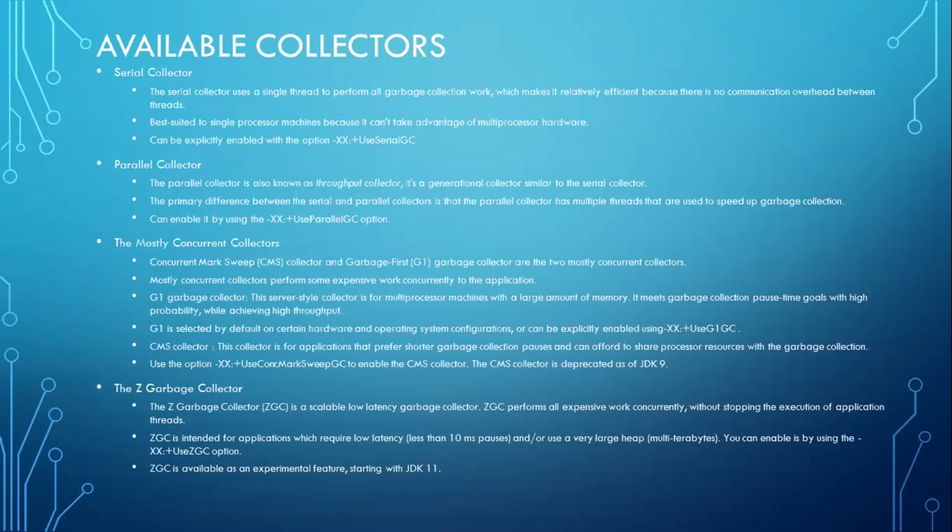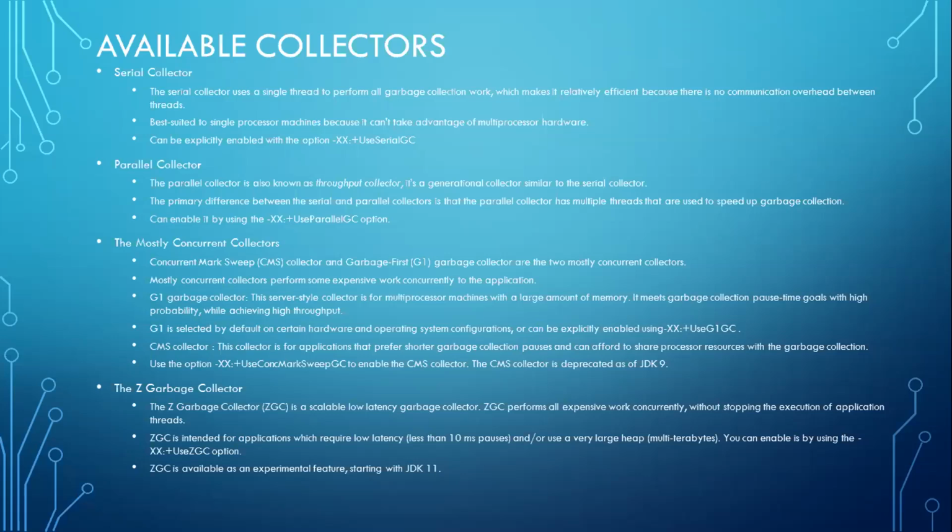So you have probably heard of serial GC. Serial GC is a single-threaded GC, as the name suggests, and it is definitely slower, right? Serial GC is still available just to support your single-threaded GC requirement. If you are using a laptop where you don't need multiple threads to run your GC, you can still use the serial collector, and that would be efficient for your use case.